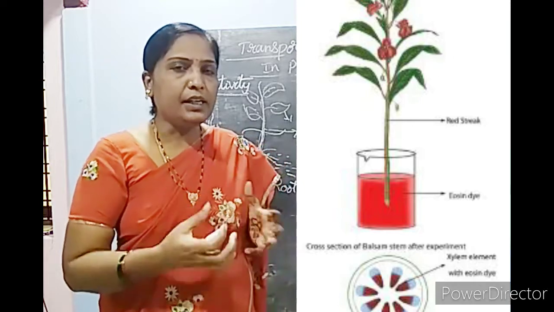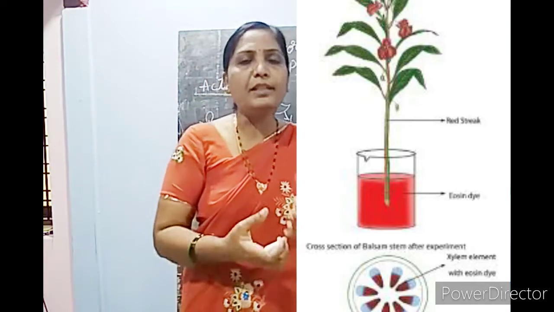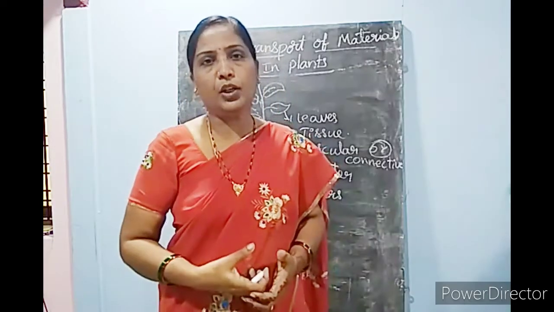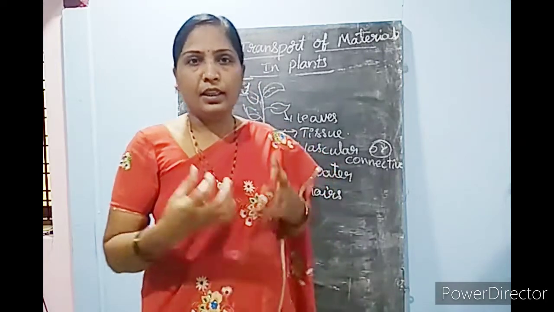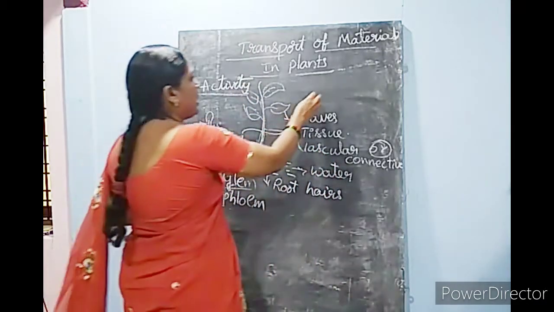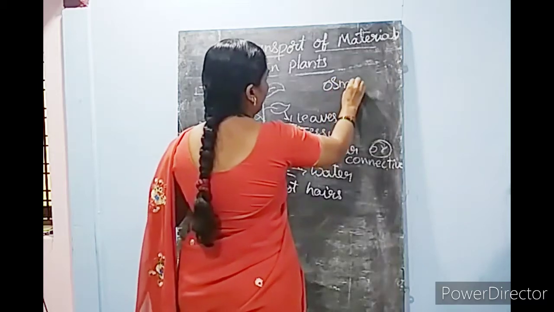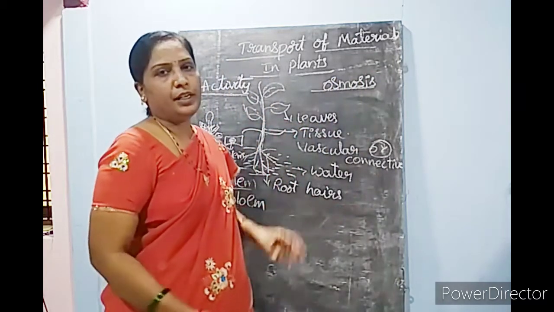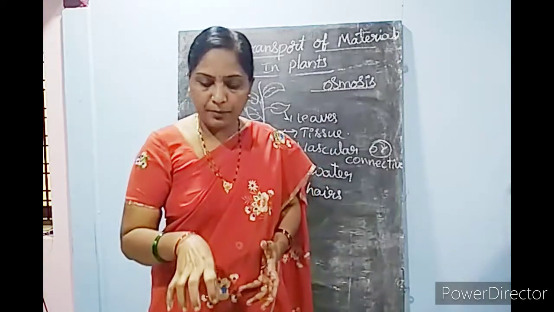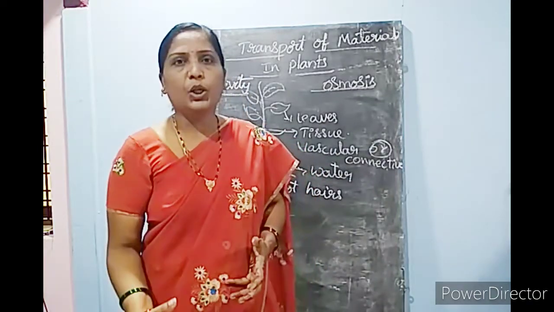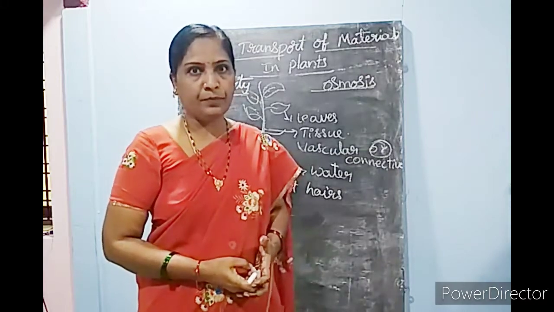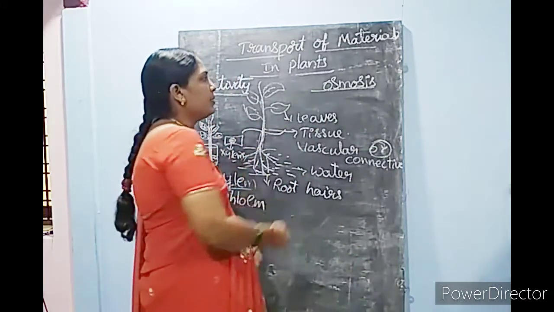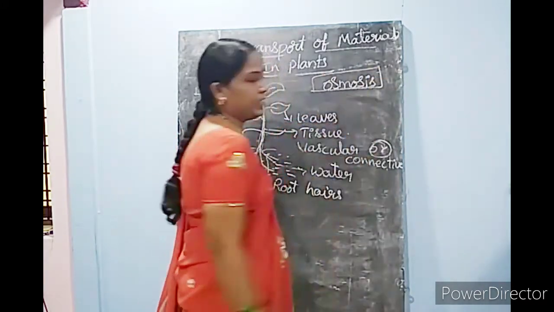A scientific process helps conduct the water in this way. That process is known as osmosis. The osmosis process helps to conduct water from soil particles into the roots. What does osmosis mean?